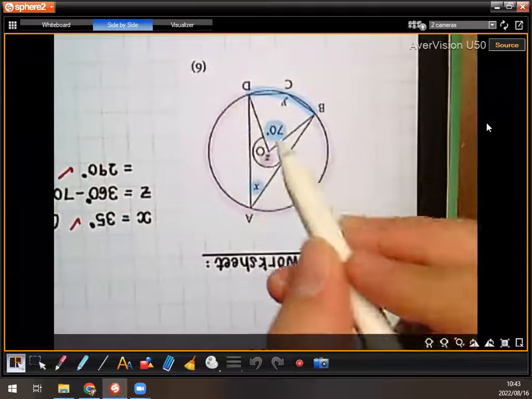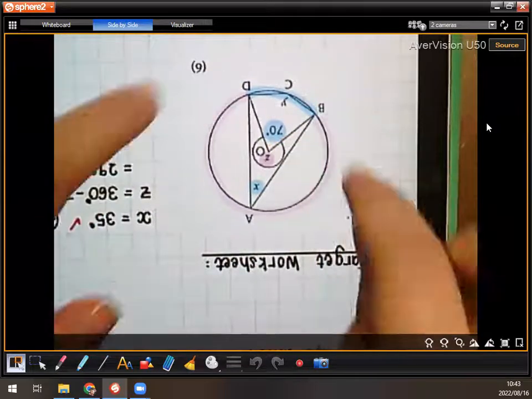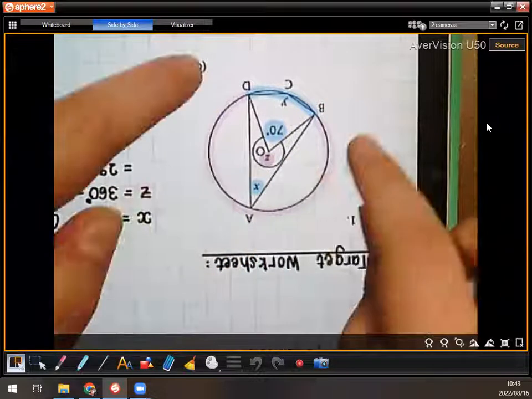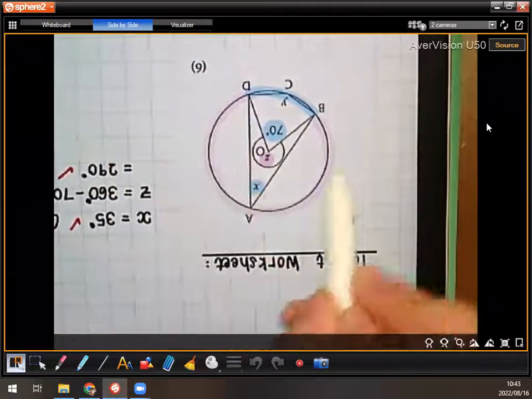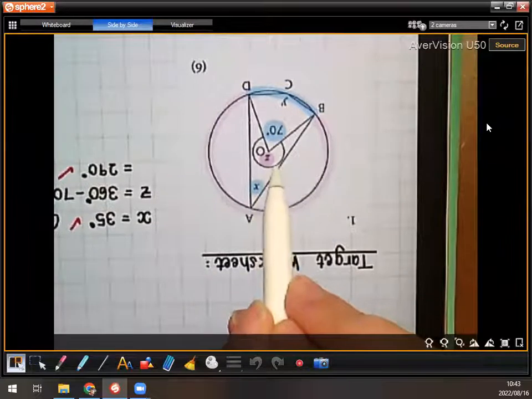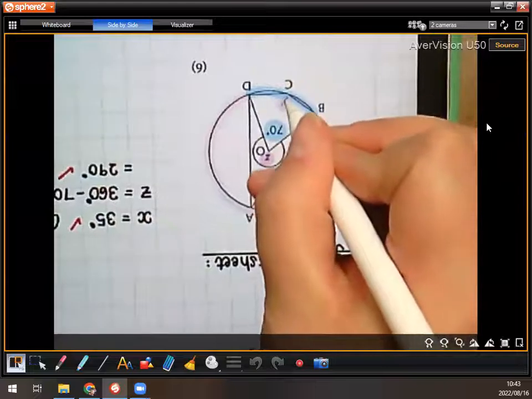So you can't say that this arc is subtending 70 degrees. This arc has to subtend the angle that's on the same side, underneath those lines in this case. All right, so the major arc subtends angle Z. Okay. But then also the major arc subtends Y.